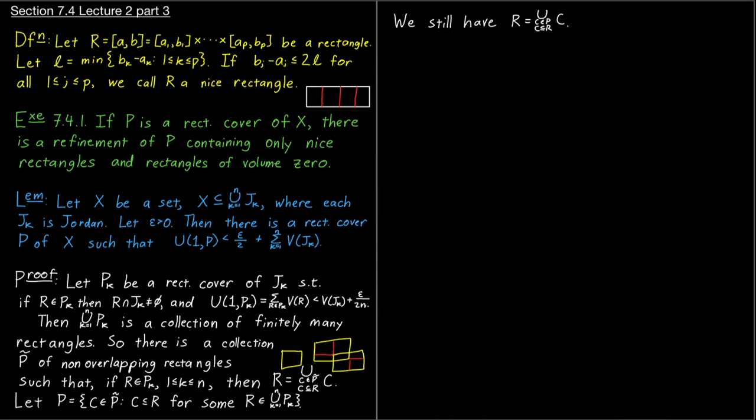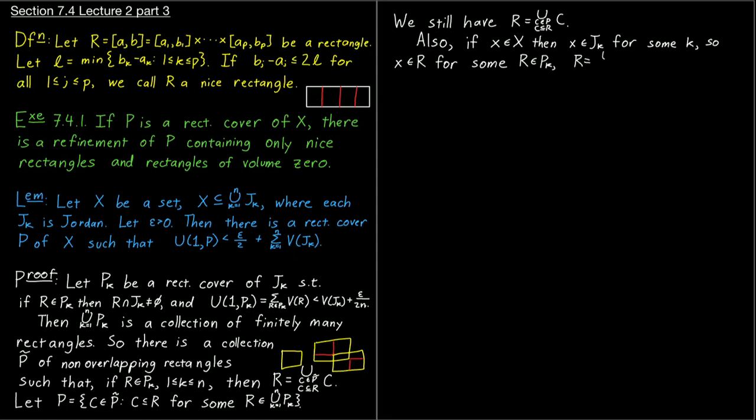So we still have this property even for C, even for P instead of P-twiddle. And also, if x is in X, then x is in JK for some k. So x is in R for some R in the cover PK.